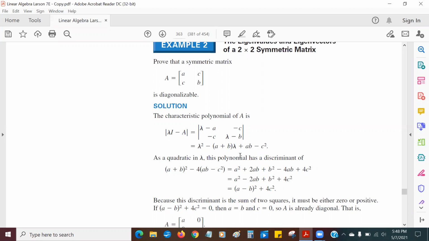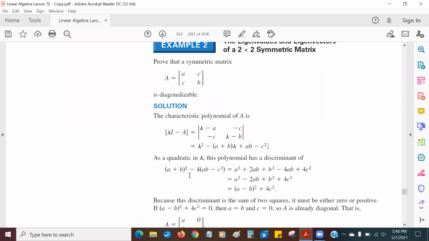But the b in the quadratic formula is actually the negative (A plus B) over here, and the c in the quadratic formula is AB minus C squared. So this is (A plus B) squared minus 4 times 1 times (AB minus C squared).